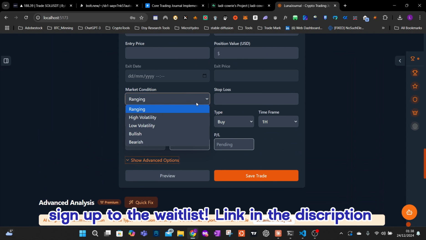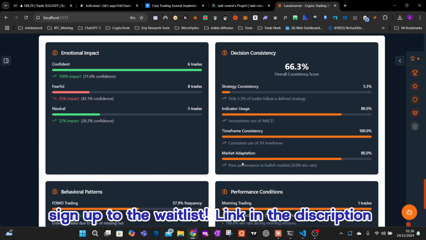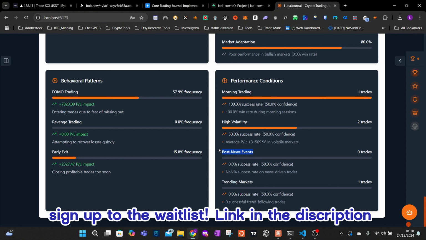Based on market conditions, it looks at how you perform and which trades you take. Also post news events: do you trade after news?